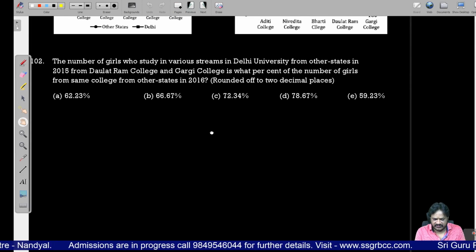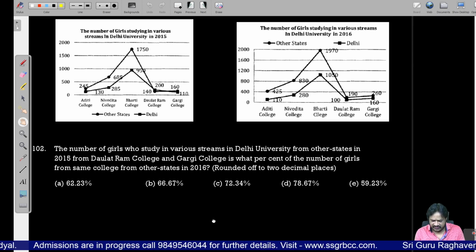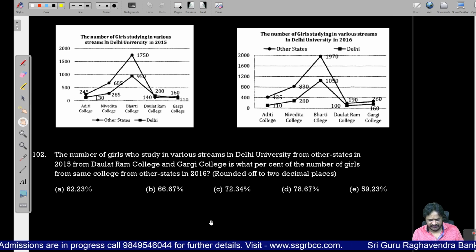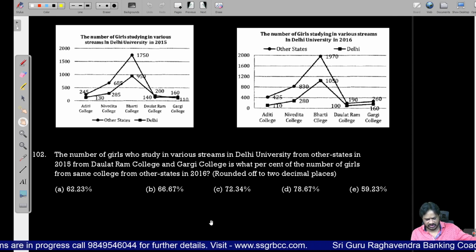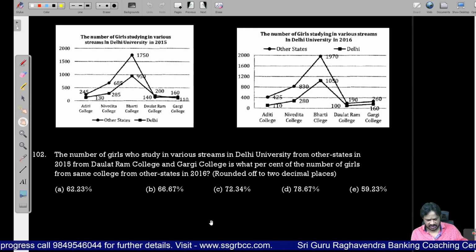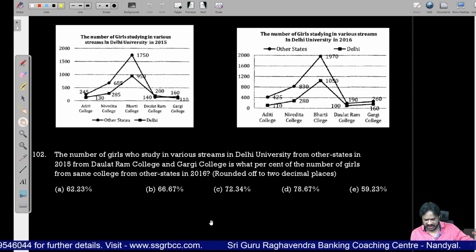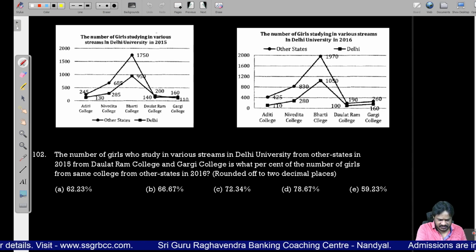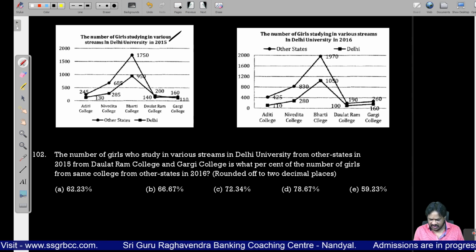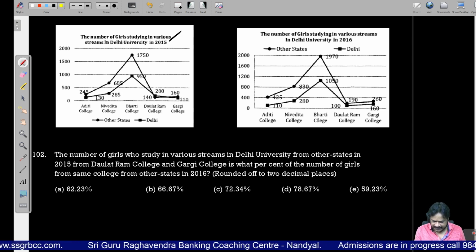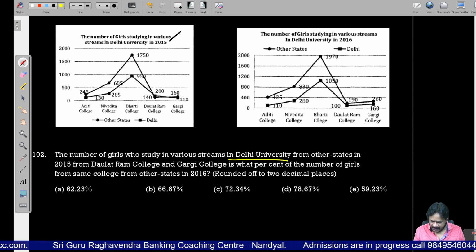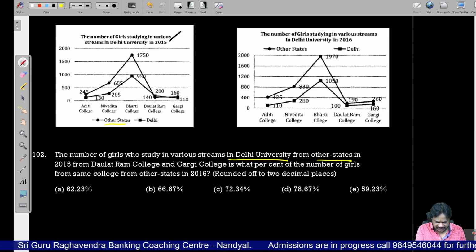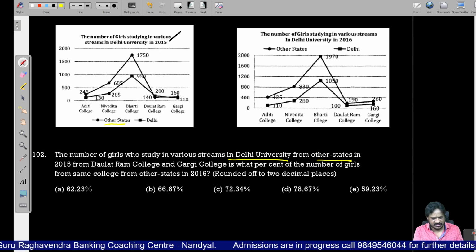The number of girls who study in various streams in Delhi University from other states in 2015 from Daulat Ram College and Gargi College. Now we have to take 2015, that is this pie chart. Other states means you have to take the dot value.